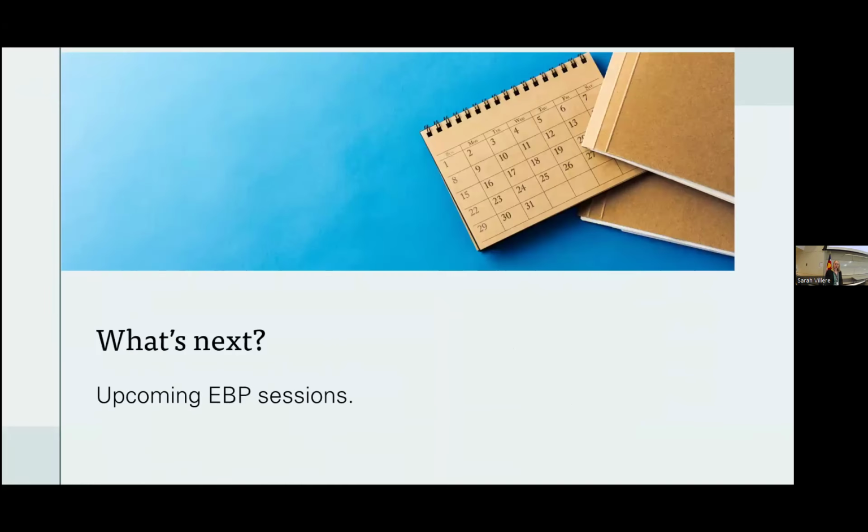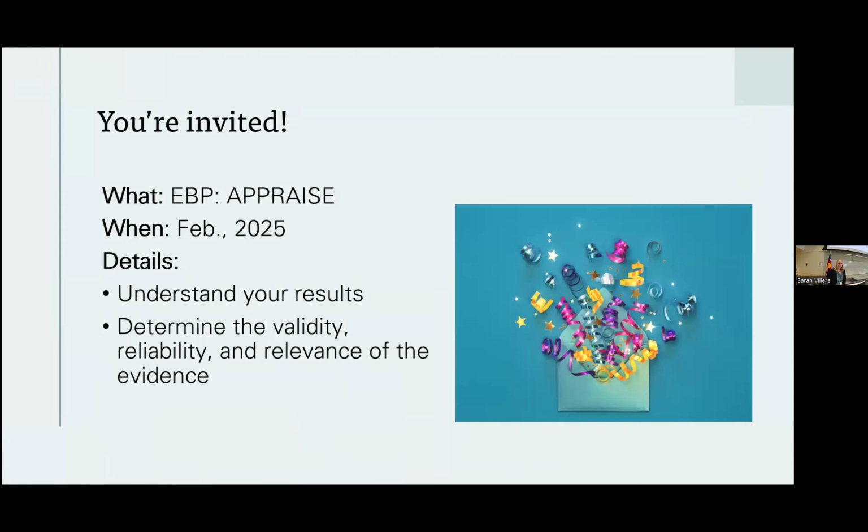Okay. So that covers finding your evidence. If you have more questions, please let us know, come find us, book a librarian if you're still having trouble finding things for your search, or need a little help coming up with search terms, anything like that. But our next session is going to be on the third step in the framework, appraise.